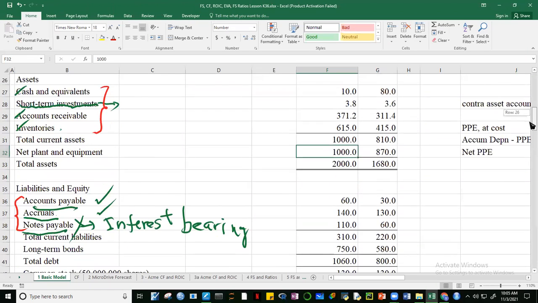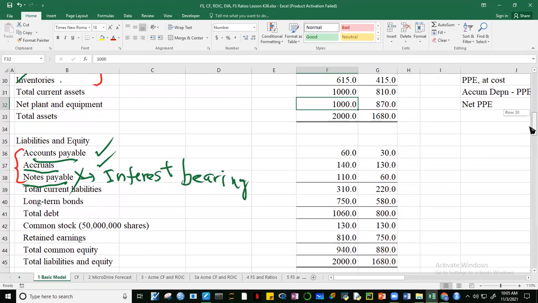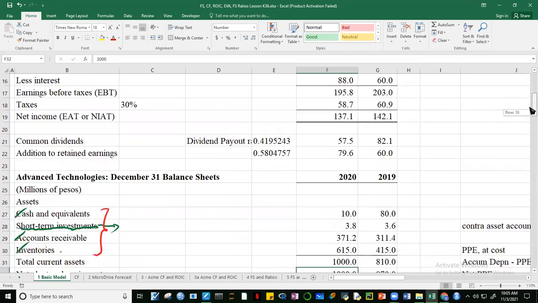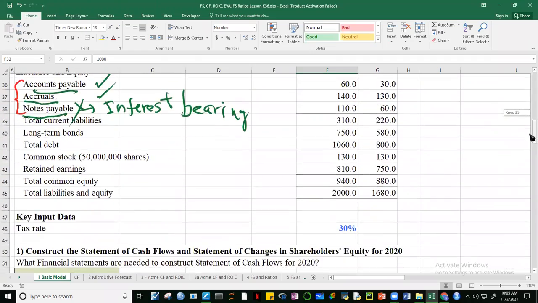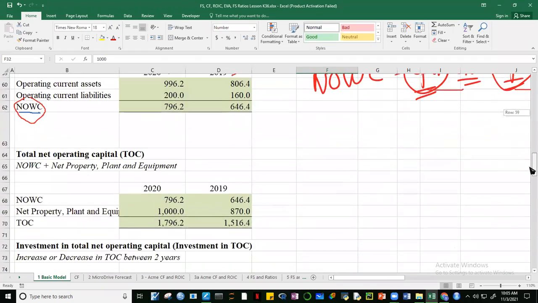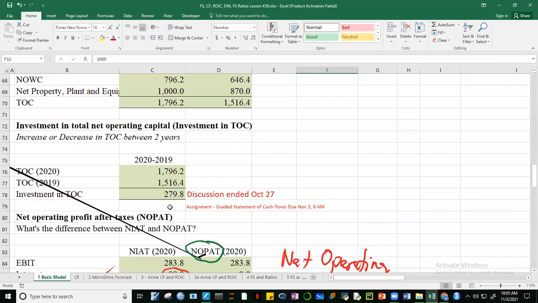So it means that the company was investing in its operating capital in order to support its sales, which is a good thing, guys. In that regard, the increase in the operating capital, 279.8, was a good thing because it needed to support its sales of the current year and perhaps also sales in the future.